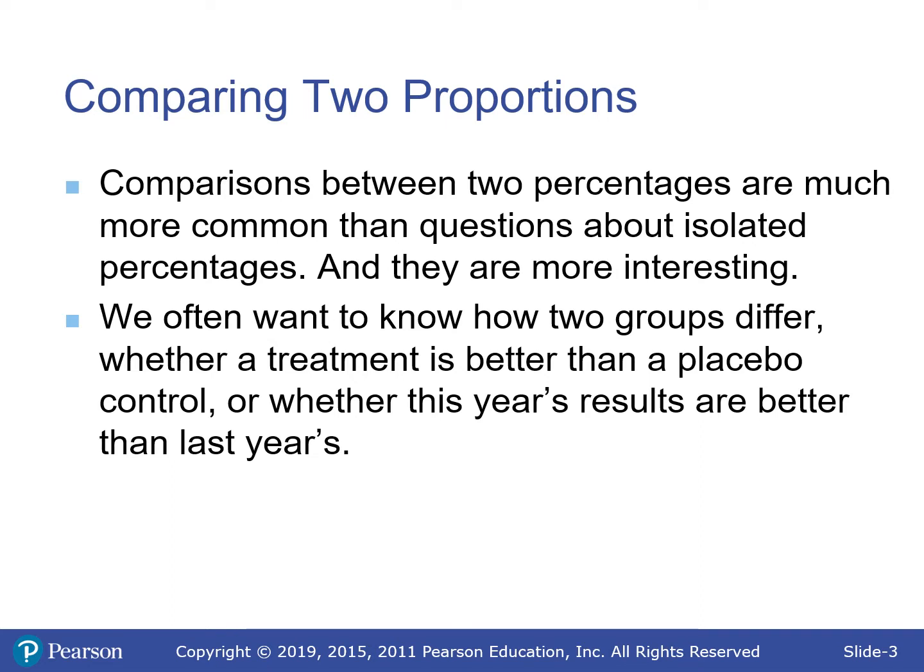Things like that. We can compare two different populations. We could compare the state of Washington, the state of California with something. And so that comparison is a powerful and useful thing that we do fairly frequently.